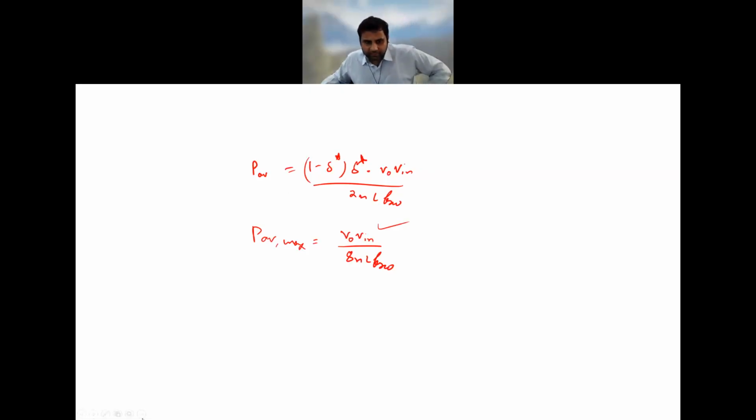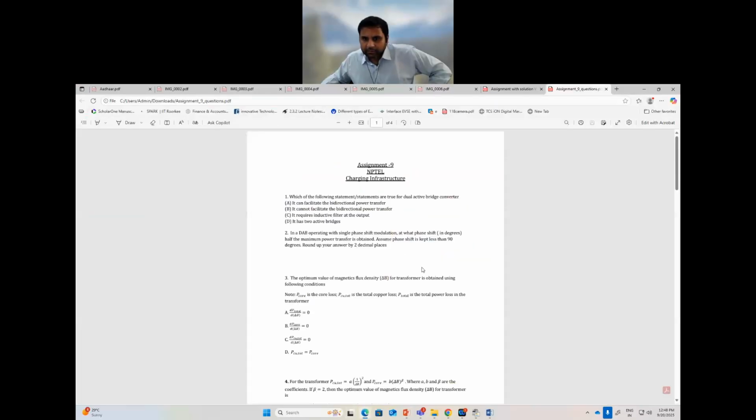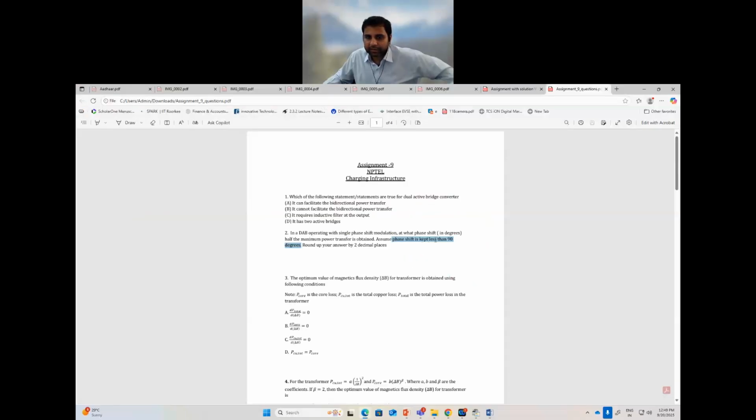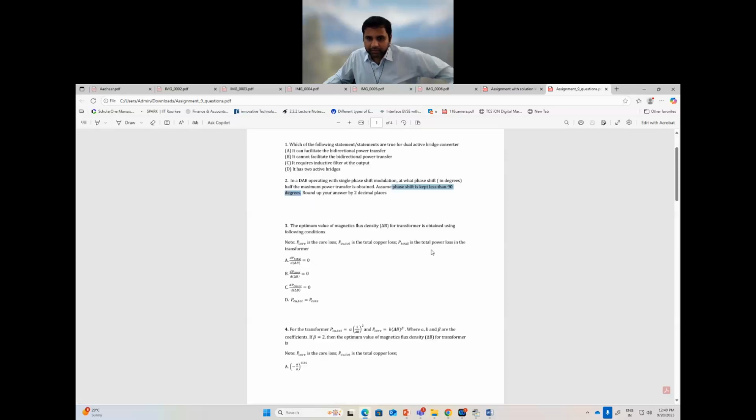We have also been given one condition where our phase shift is kept at 90 degrees. Accordingly, you may get two values because you have a quadratic expression. From there, you can calculate the one correct value which satisfies this particular criterion. So that is the kind of thing.